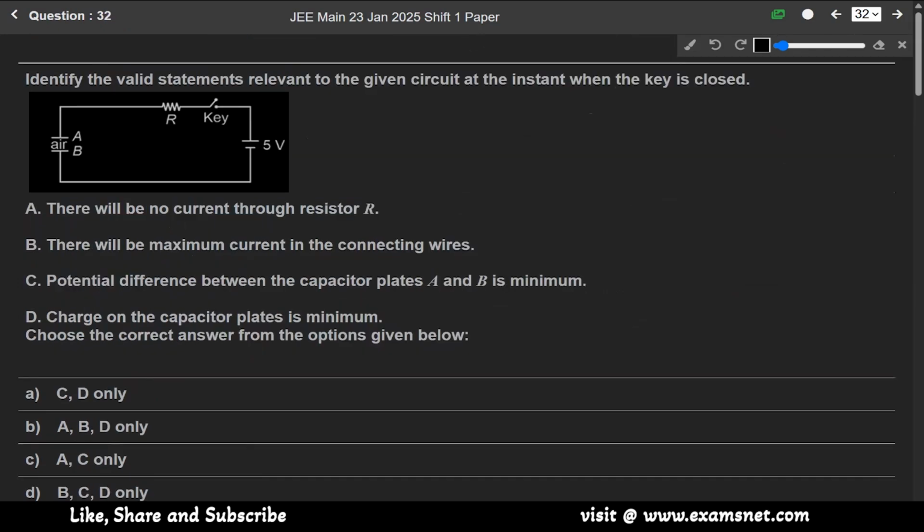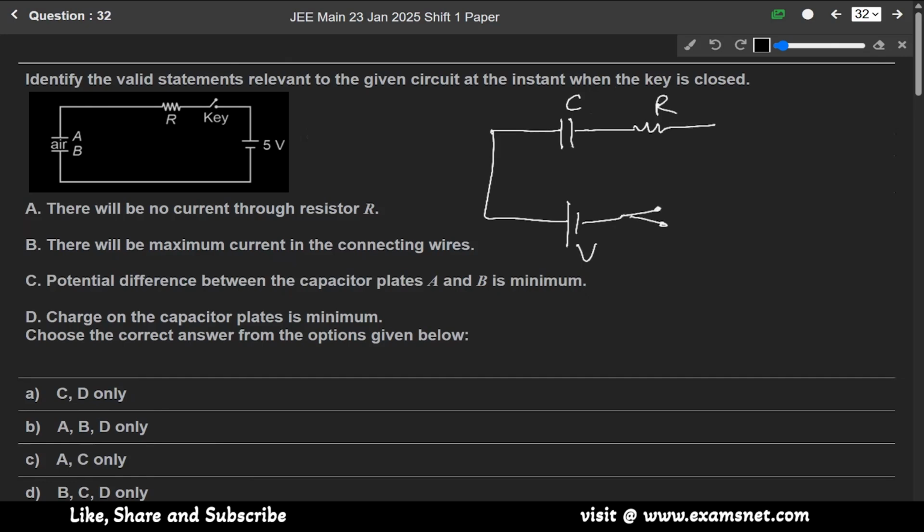Now next question 32. Identify the valid statements relevant to the given circuit at the instant when the key is closed. Let us understand it with the help of the graph also. Let us see, this is a capacitor and this is the resistance R. It is connected to a voltage V, and let us say this is a key.